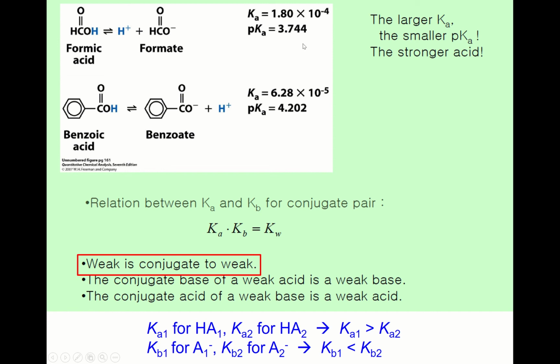Although they are both weak, formic acid is a little bit stronger than benzoic acid because its Ka is larger than that of benzoic acid. But what about the conjugate bases, formate and benzoate? Which one is the stronger base? In this case, benzoate is a little bit stronger base than formate. So that order is reversed. Very good.